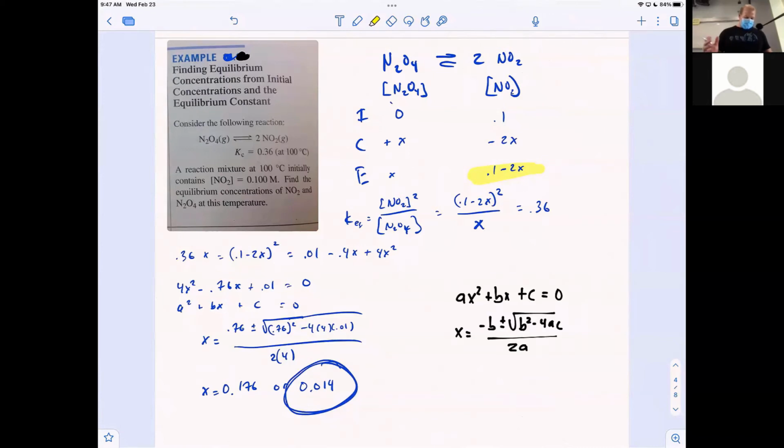So with 0.176, you double that, that's about 0.35. 0.1 minus 0.35 gives a negative value, about negative 0.25.